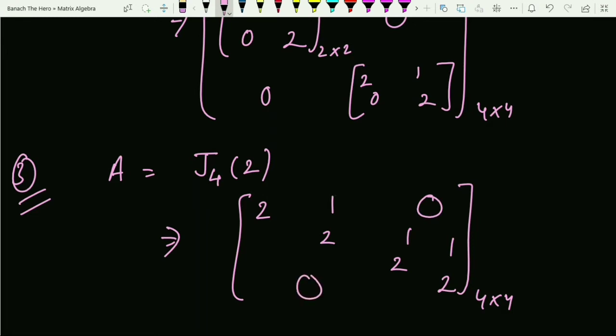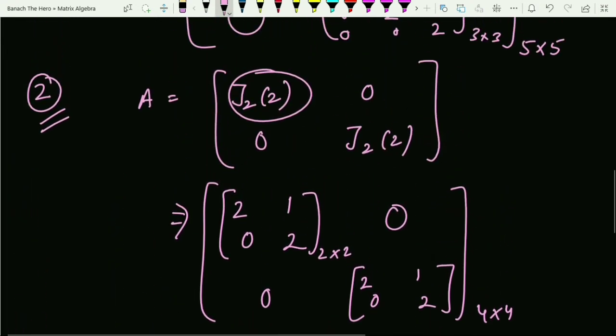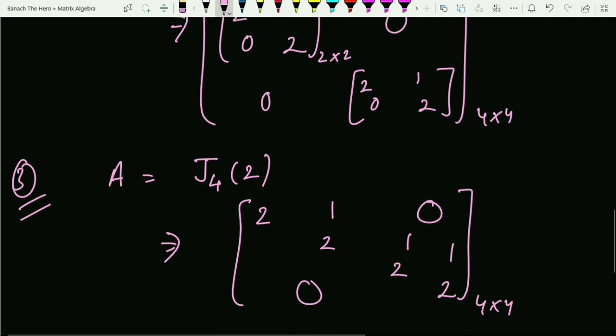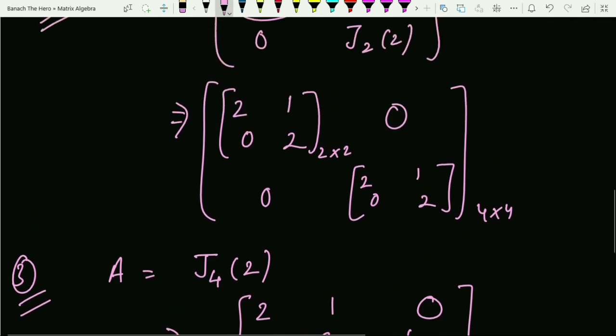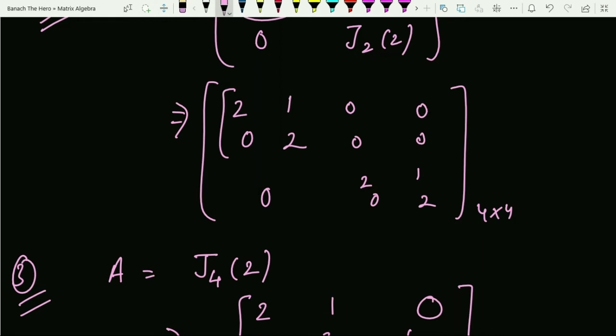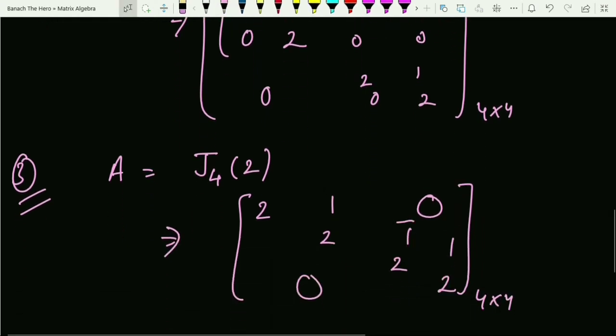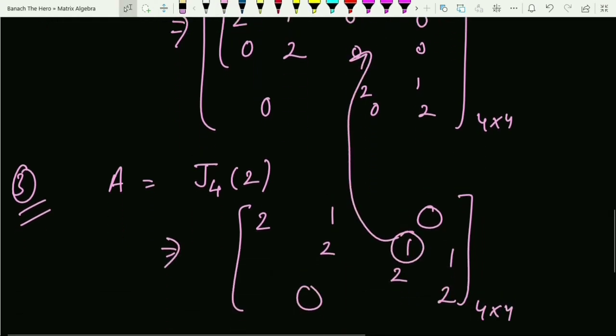So you can clearly see that these two matrices are not equal, right. You can see that here in this matrix the entries are 0 0 0 0, whereas in this one we have a 1 here and here we have a 0, so they are different.